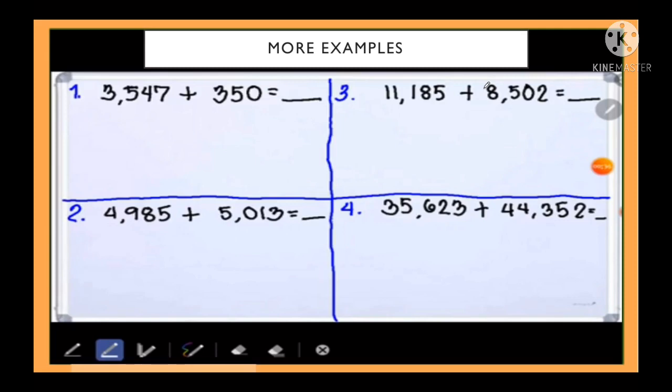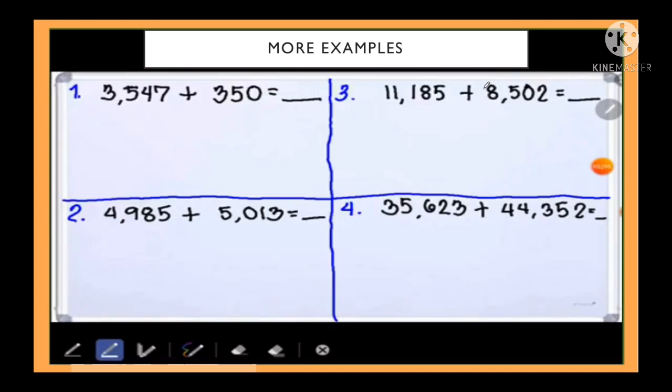It's because at some parts of our addition, you will see something like this. Okay, so I will write something here. For example, in without regrouping, if we add the 2 digits, the answer is less than 10.